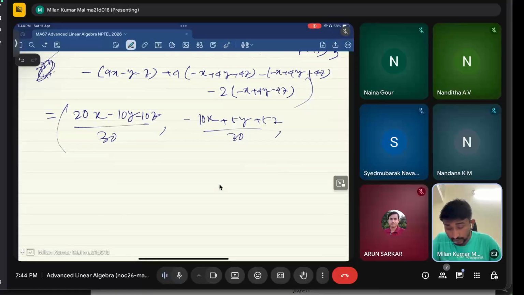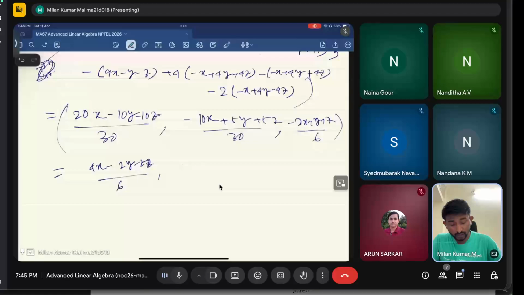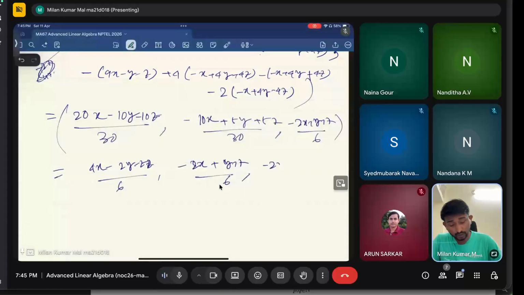This is supposed to be 10x, and this is supposed to be minus 2x plus y plus z by 6. I have to check. So this is going to be like 4x minus 2y minus 2z by 6, comma, minus 2x plus y plus z by 6, and this is going to be minus 2x plus y plus z by 6.